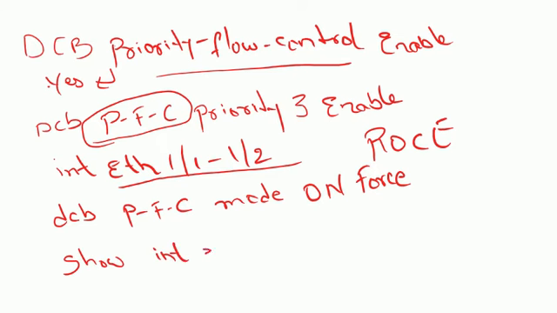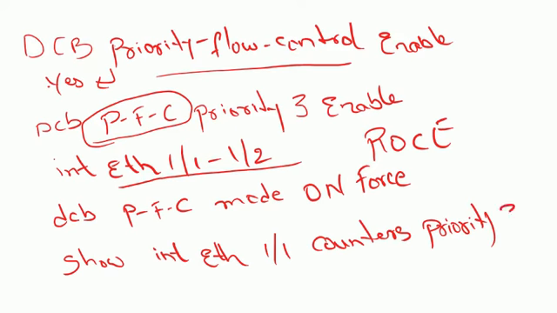show interface Ethernet 1/1 counters priority 3. Okay, so when we issue this command, usually we'll see the RX and TX side information. So how many broadcasts, how many messages, if there are any errors.